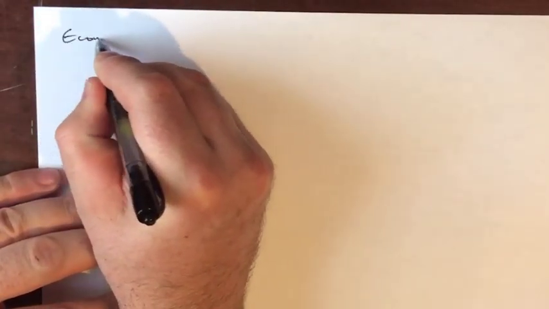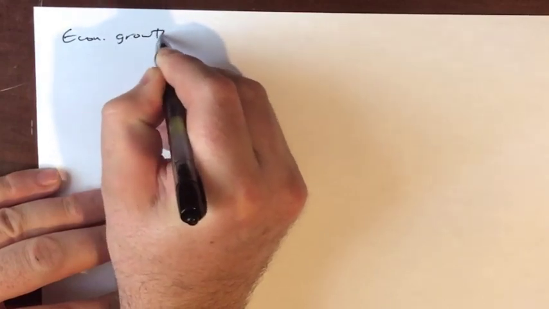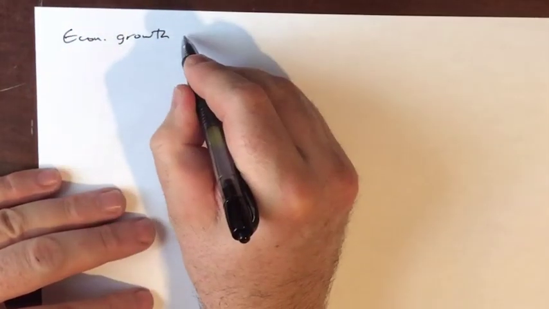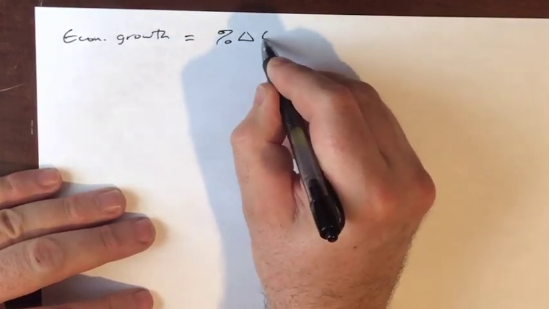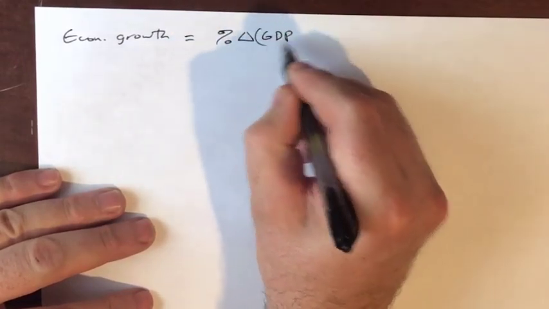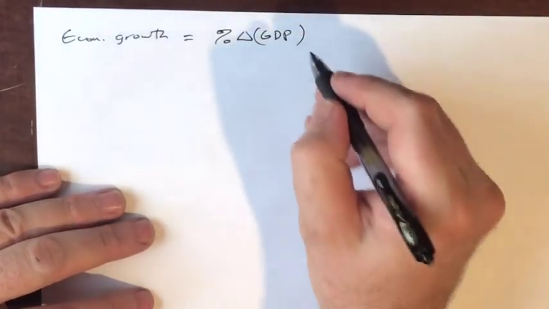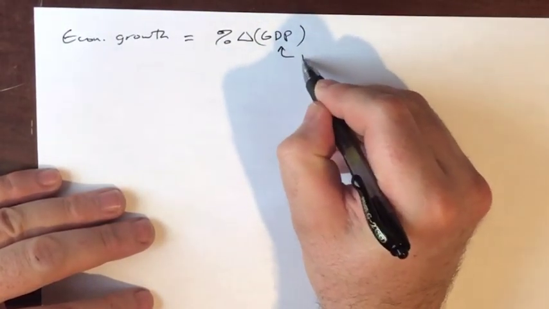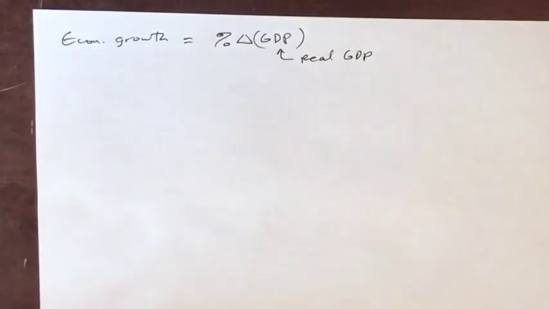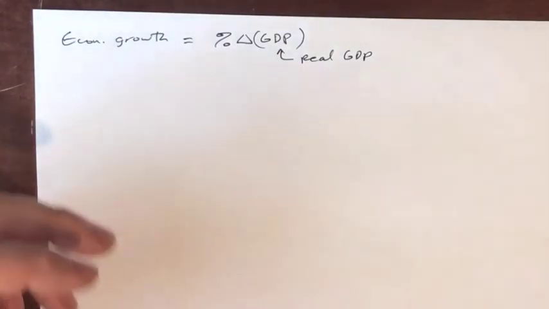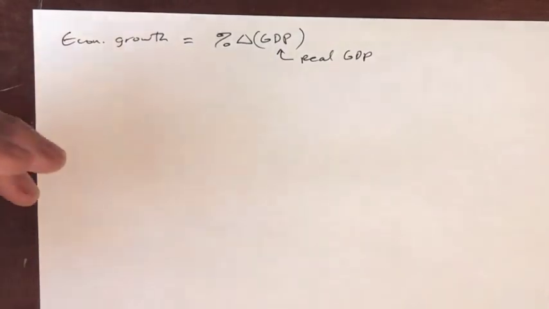We're very interested in economic growth, and we define economic growth as the percentage change in GDP. And when we say this, we mean real GDP. For all of our economic statistics, we want to make a distinction between real and nominal.